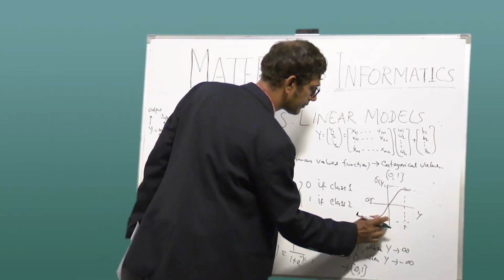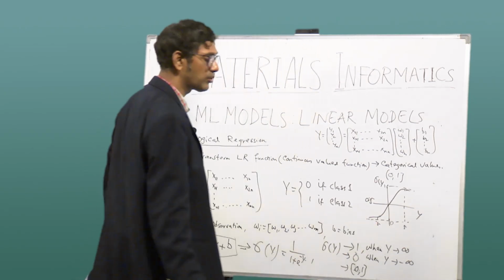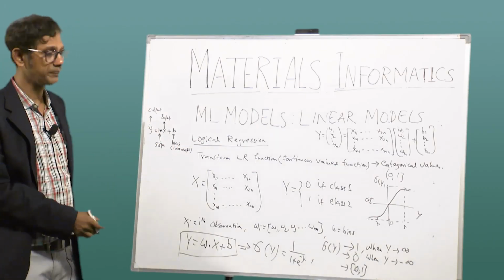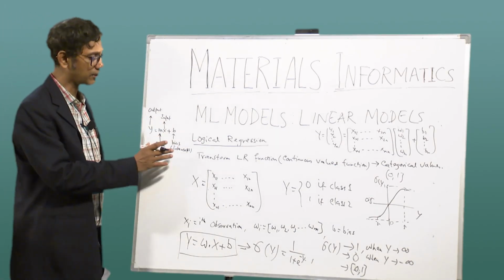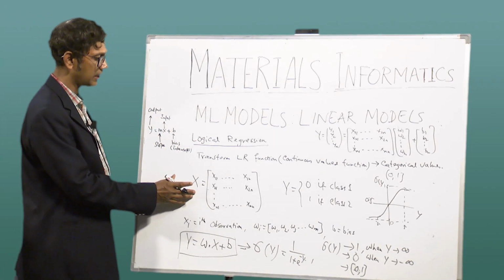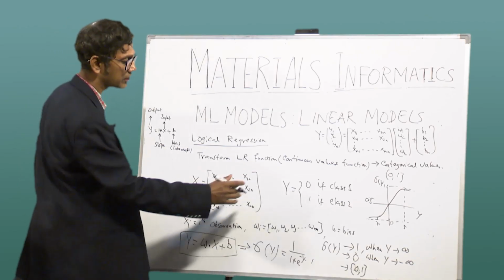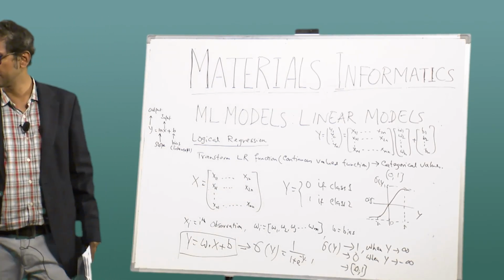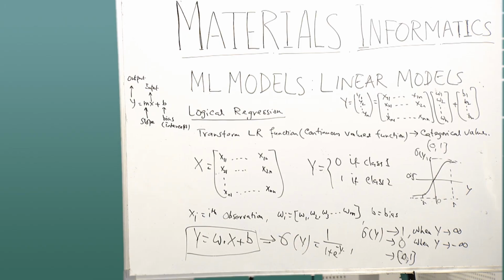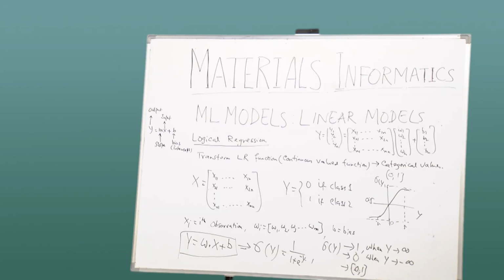Okay. So, that is why we can convert this linear regression analysis to logistic regression analysis. This is very, very simple, and you must be able to do it yourself, correct. So, that is one of the ways to understand that.